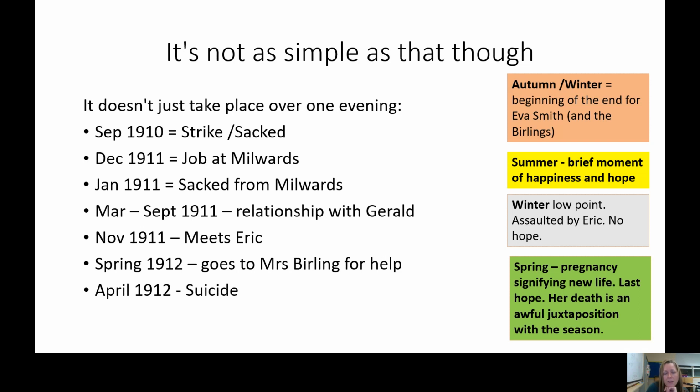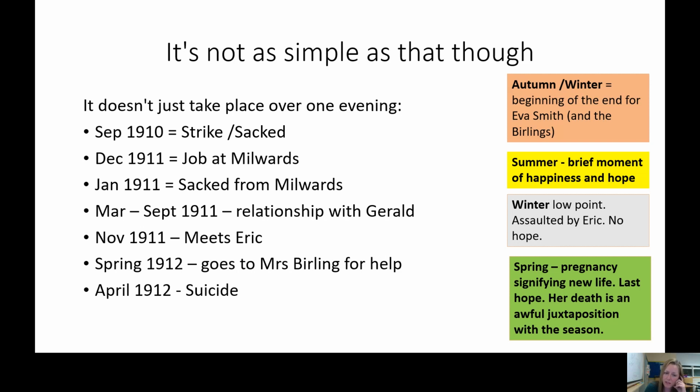And then we get things starting to happen in the summertime. She gets the job at Millwards in December, and she's sacked from that in January. But from March to September, we have this summer period where she's in this relationship with Gerald, which ultimately the audience condemn on Gerald's behalf.